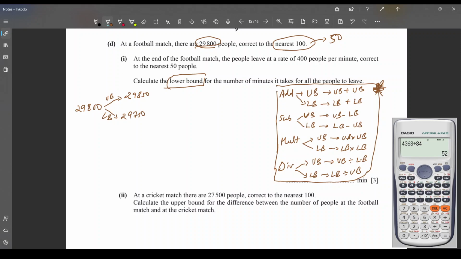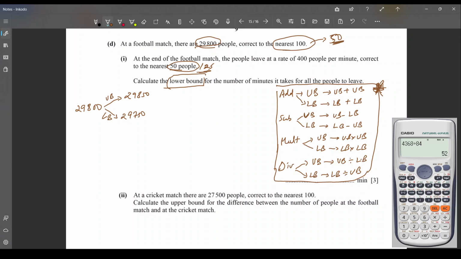At the end of the football match, the people leave at the rate of 400 per minute, correct to the nearest 50. If it is the nearest 50, we divide it by 2, then I get 25. In the same way, whatever the nearest is, we divide it by 2.